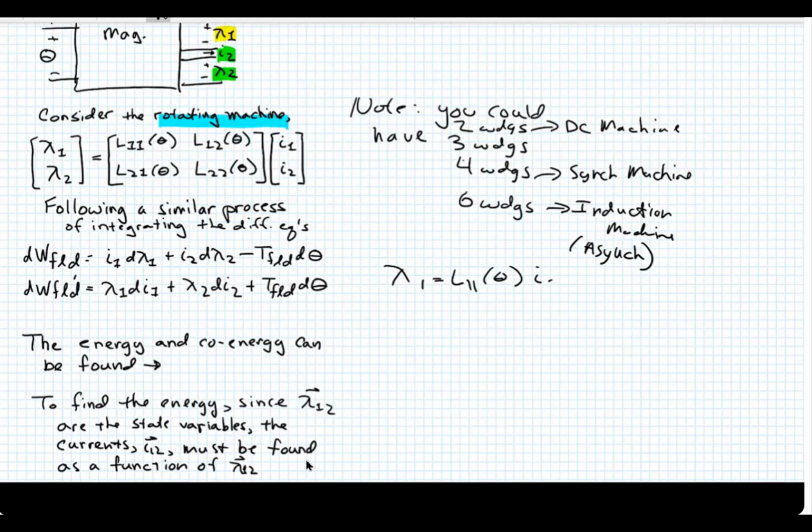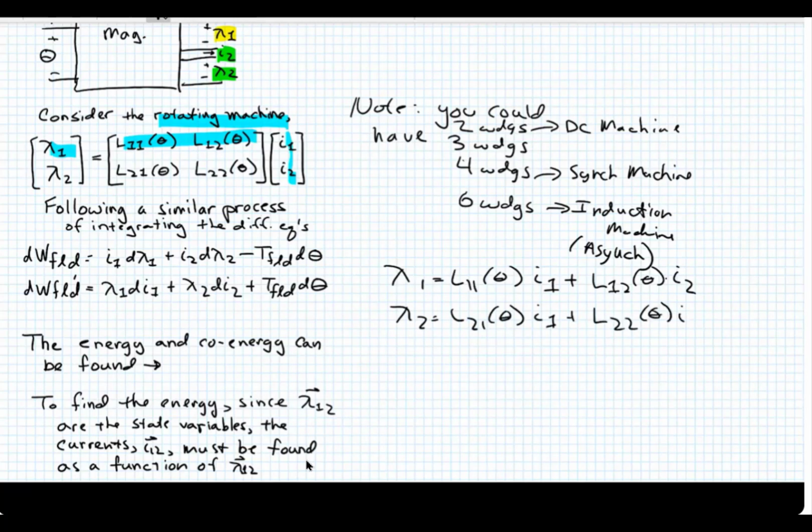So this is times I1, I'm just multiplying this out to show you, and this is L12 theta I2. And then lambda 2 is L21 theta I1 plus L22 theta I2.